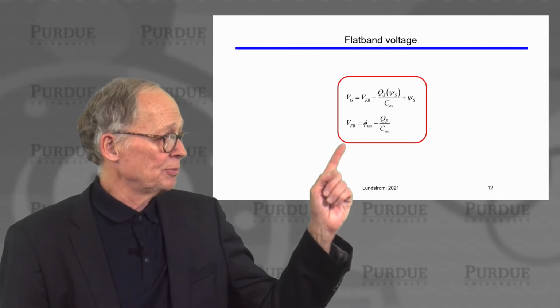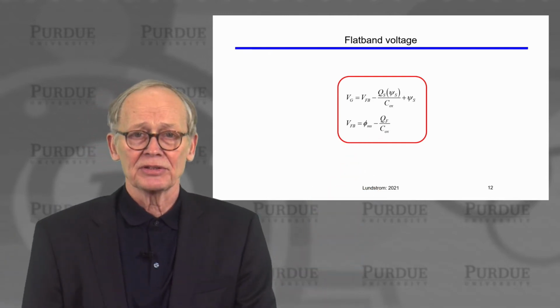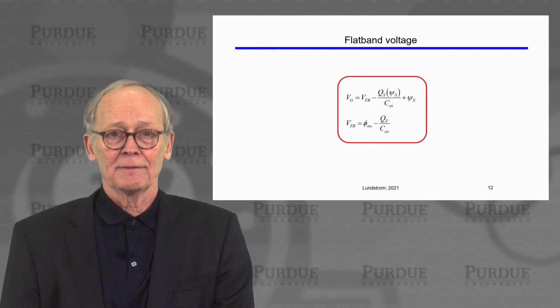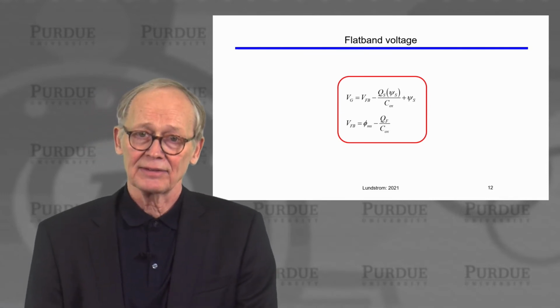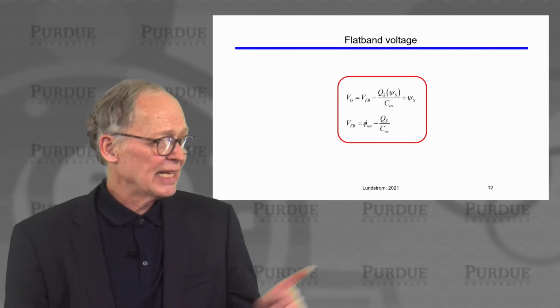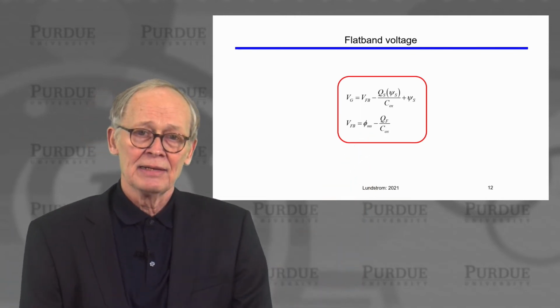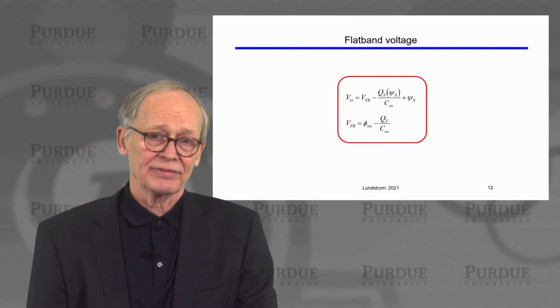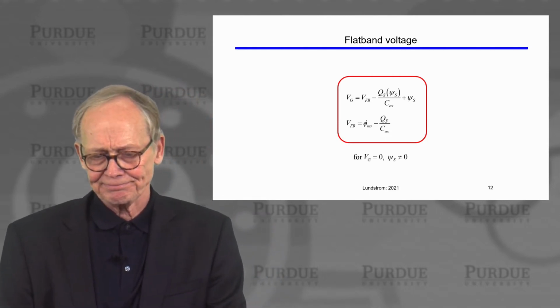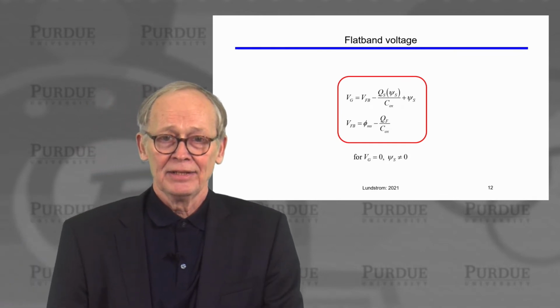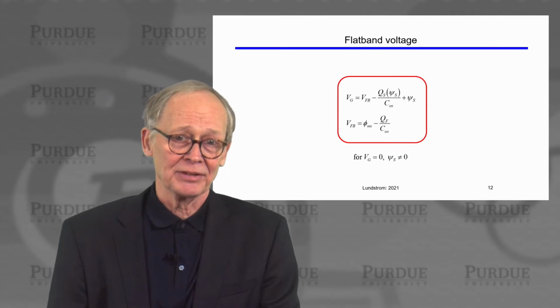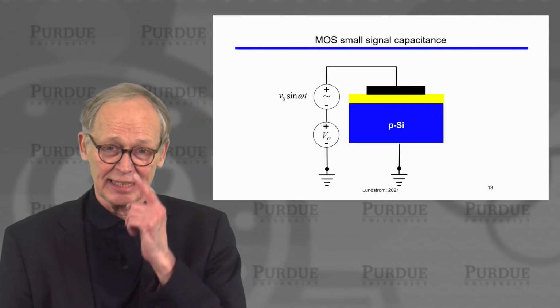The flatband voltage depends on the metal-semiconductor work function difference, but this sheet charge will also affect the volt drop across the oxide and affect the flatband voltage as well. But that's simple to account for. If we know the magnitude of that charge in coulombs per square centimeter, it simply affects the flatband voltage. Okay, so typical MOS capacitors have band bending before we apply any voltage to the gate.